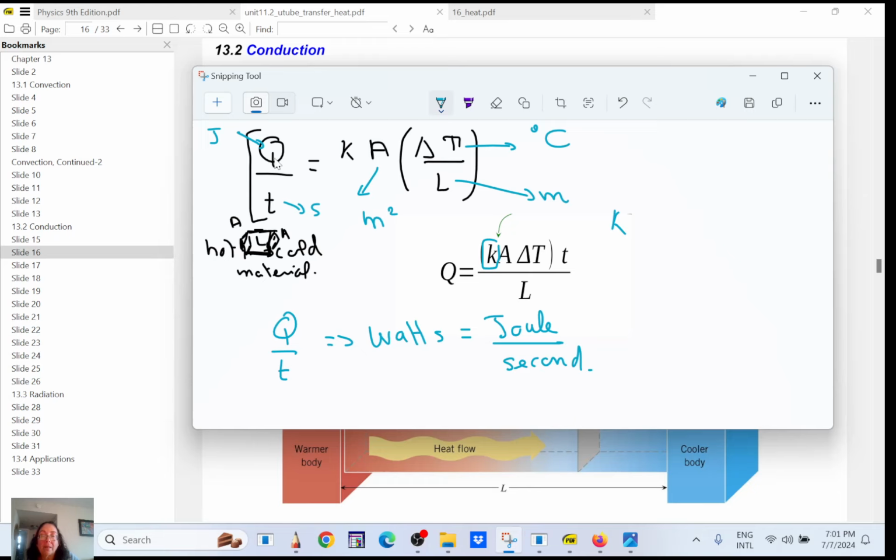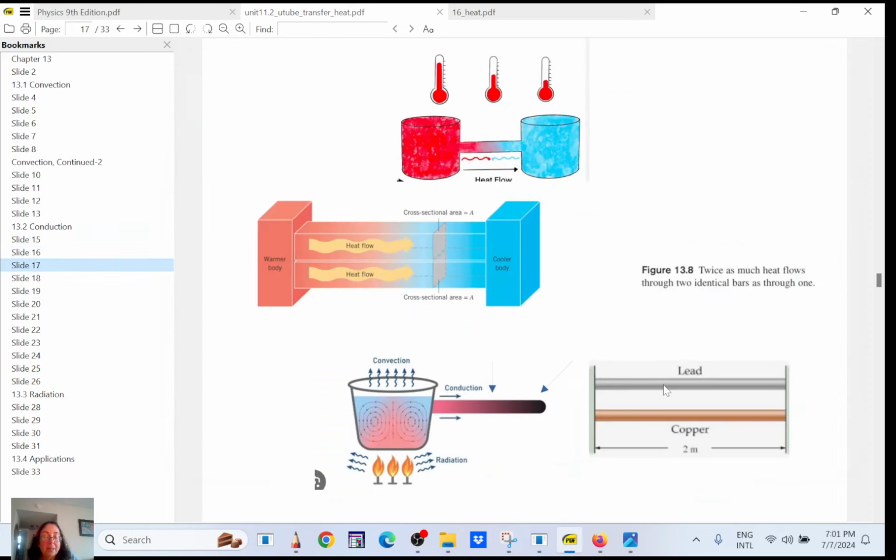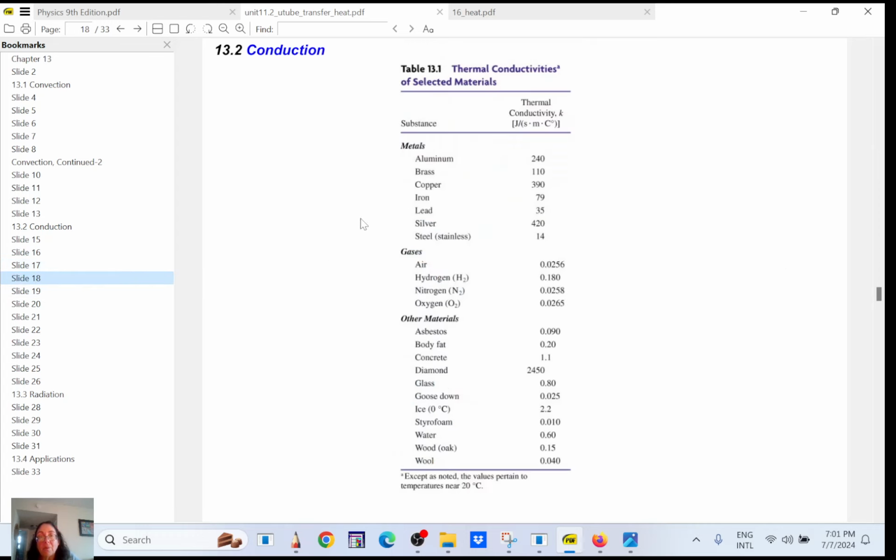So how fast energy is flowing is proportional to the area and proportional to the gradient per unit length, and it also depends on the material, K. For example, if you look at the thermal conductivity for different materials, aluminum is a very good conductor, and it's better than lead, and copper is better than iron.